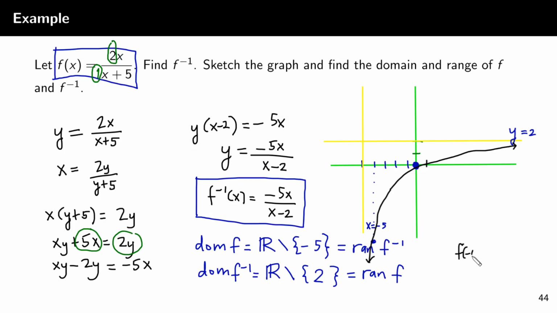F of -6 is equal to 2 times -6 over -6 plus 5. You will get -12 divided by 1, divided by -1, which is +12. So kung -6, +12, I'm just going to estimate the location of +12. 1, 2, 3, 4, 5, 6, 7, 8, 9, 10, 11, 12. Dito sa may bandang taas.